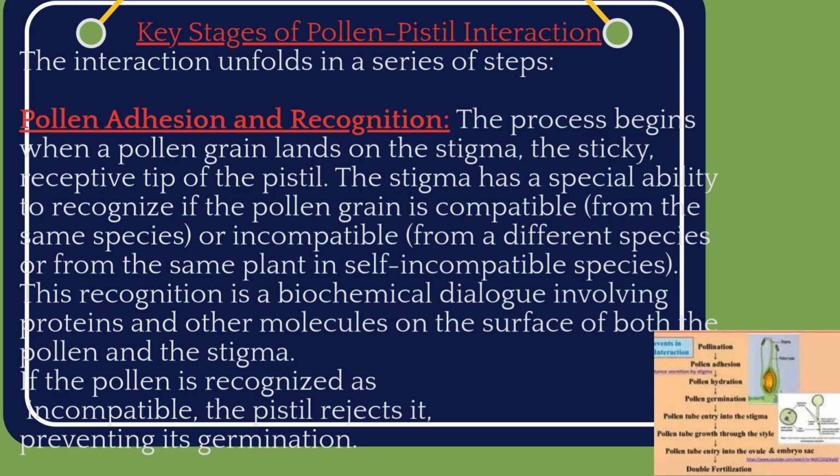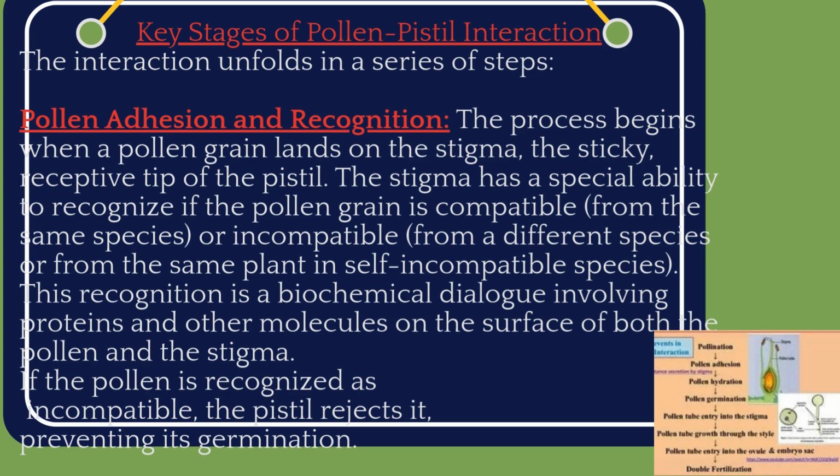The stigma has a special ability to recognize the specific pollen grains which are compatible or not from the same species. It means if the pollen is from a different species, it will get rejected, or if it is incompatible, from the same plant in a self incompatible species.